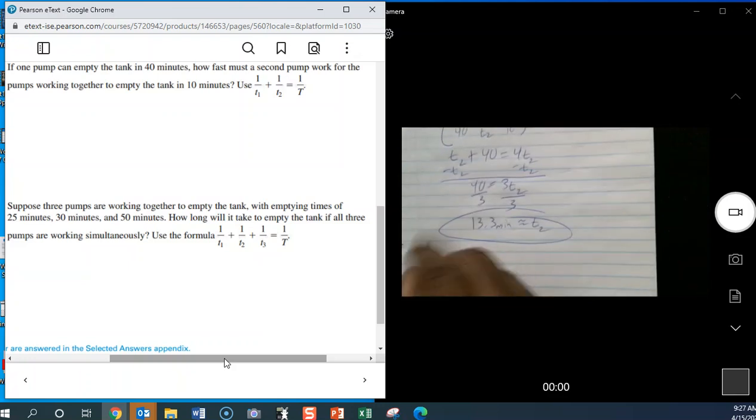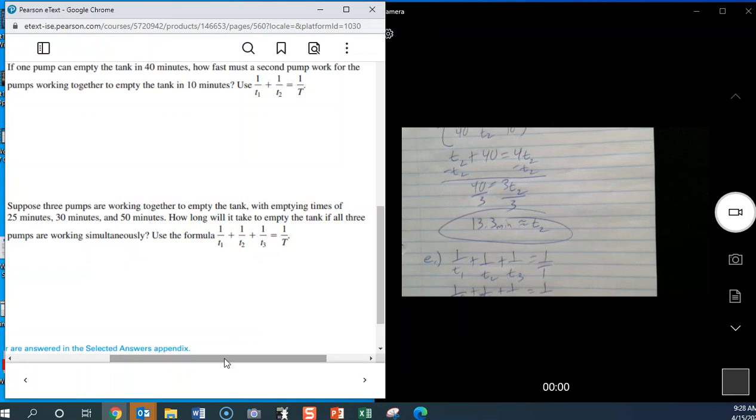So we have basically the same formula except we have a T sub 3 now. So now we're going to substitute these values in. So we have 1 over 25 plus 1 over 30 plus 1 over 50 is equal to 1 over T.